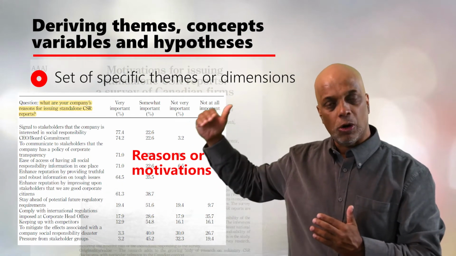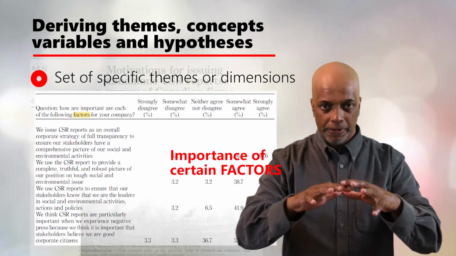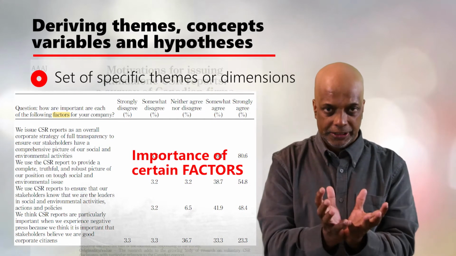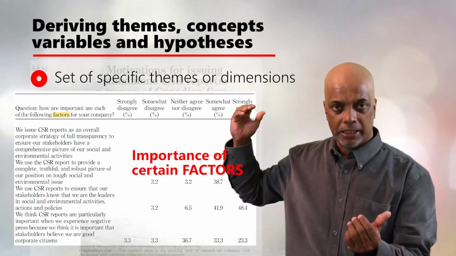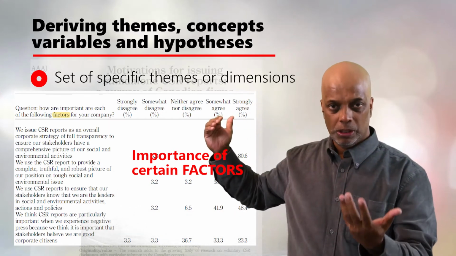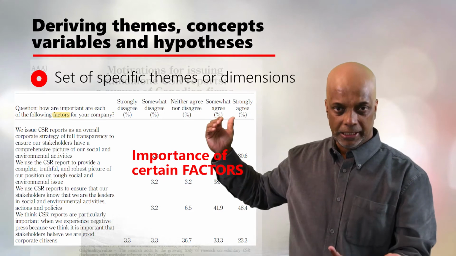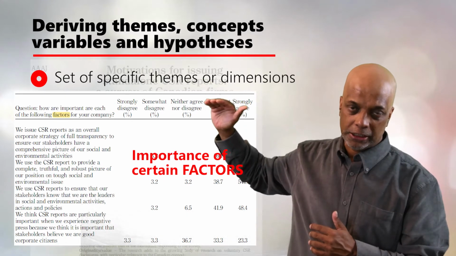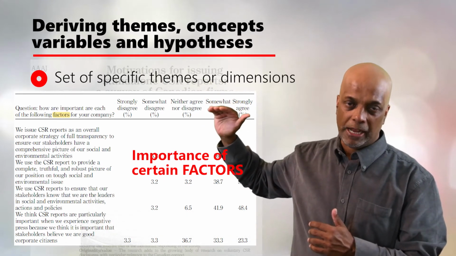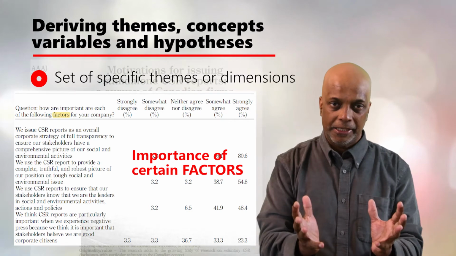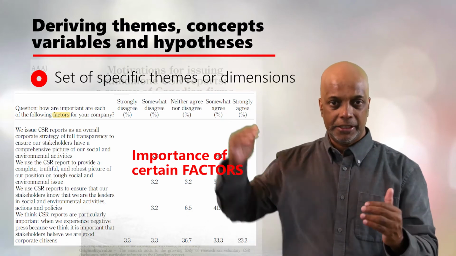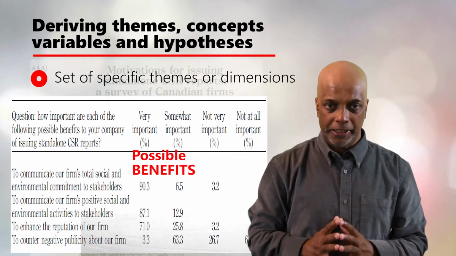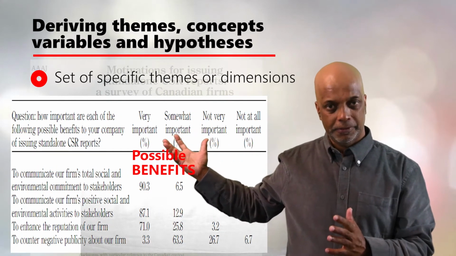And then they also want to see whether a specific set of factors underlie such decisions. The second theme or dimension that they use in describing the reality is the factors. So they have a set of questions to see which factors underlie such decisions. And the third dimension is the possible benefits.